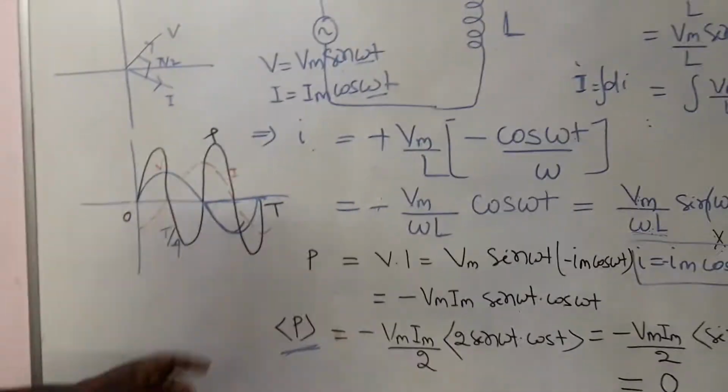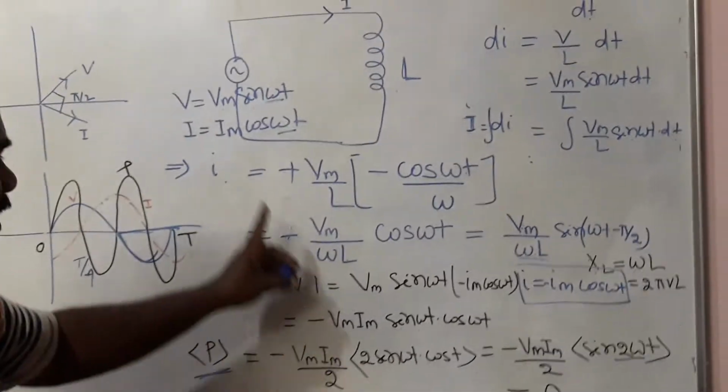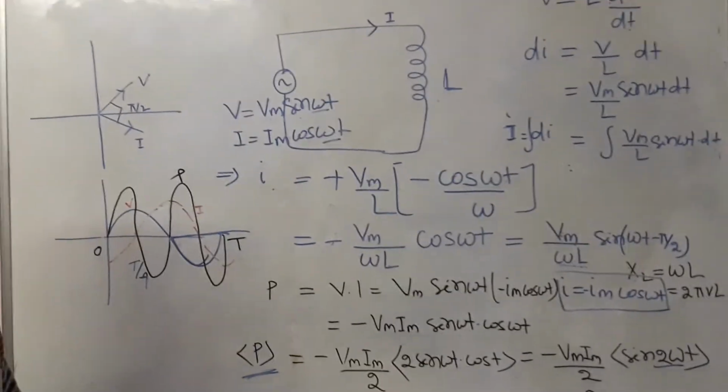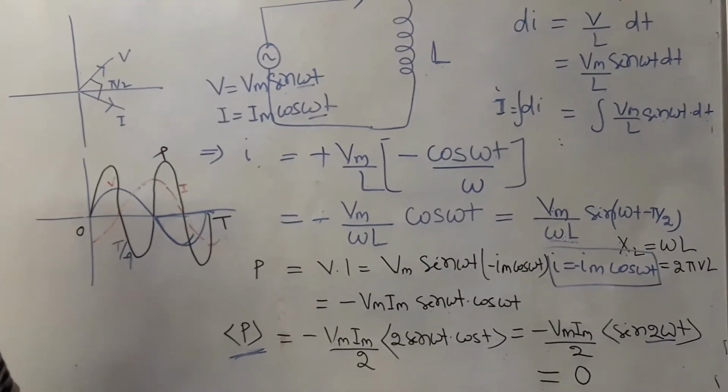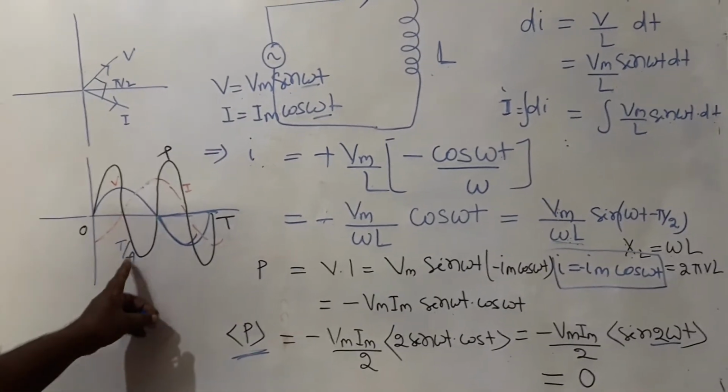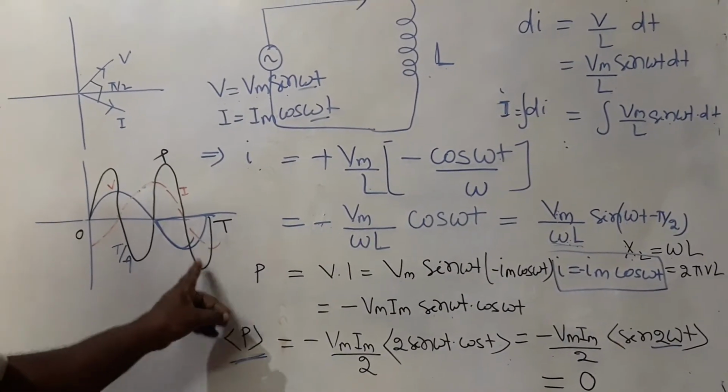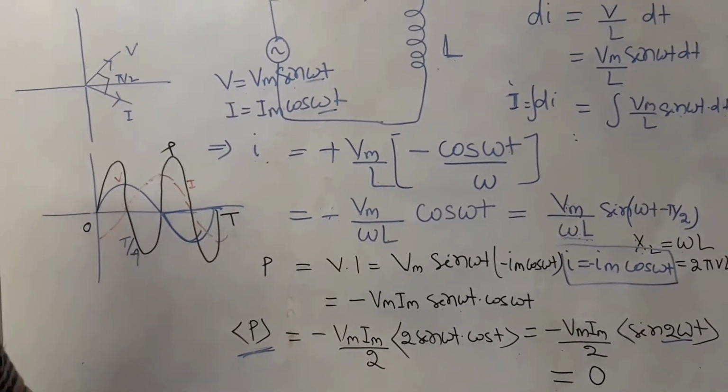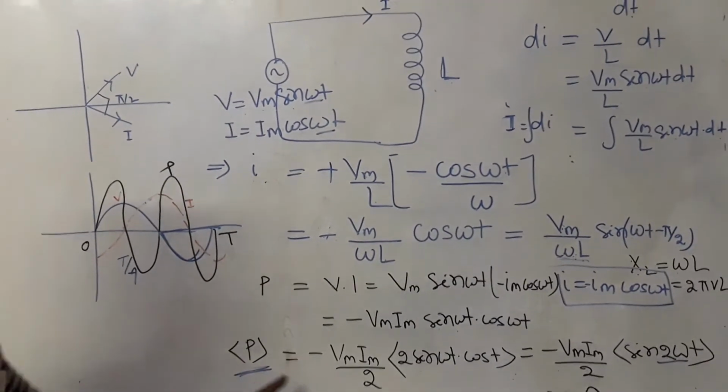So in a pure inductor the average power consumed per cycle will be 0, so we call a pure inductor a wattless component, as the average power consumed by it is 0.